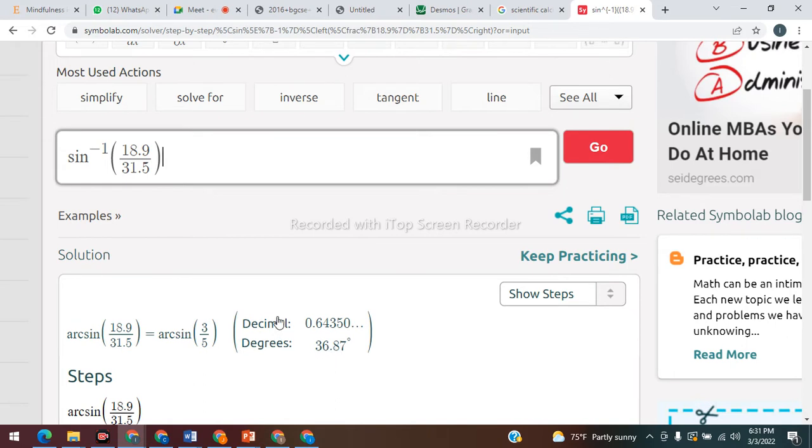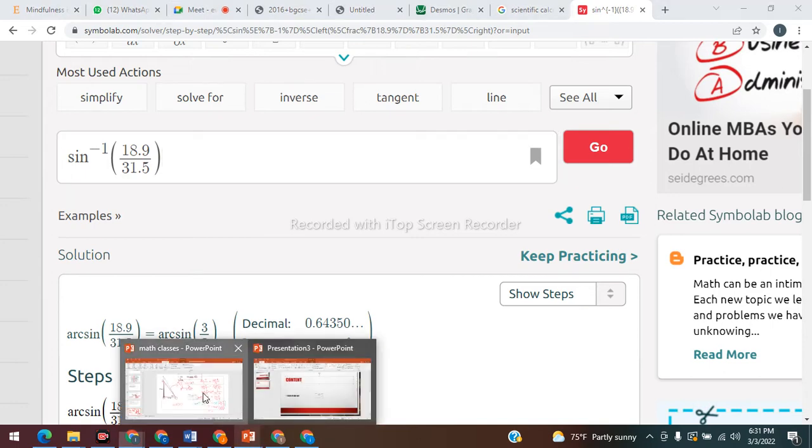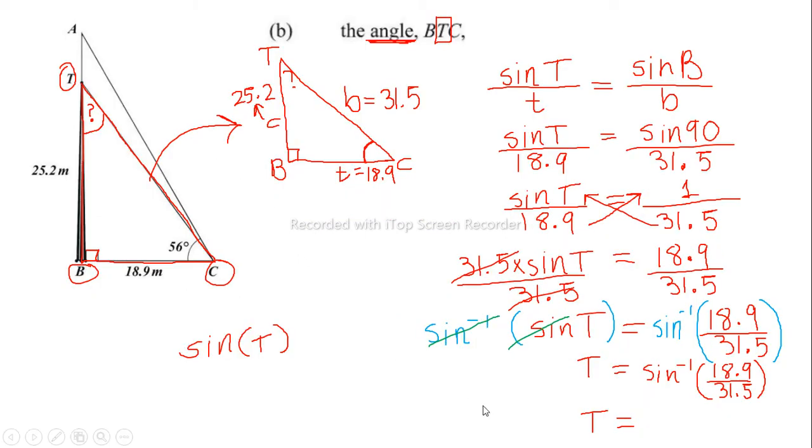Make sure your calculator is in degrees, not radians. So the missing angle is 36.87 degrees. So the angle BTC is 36.87 degrees.